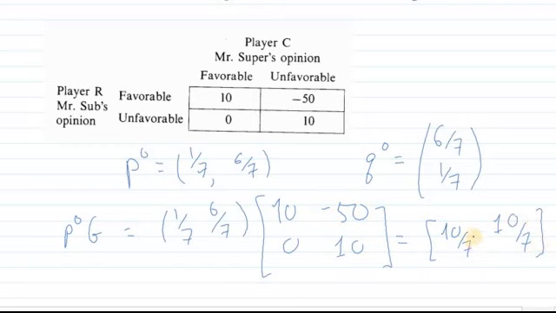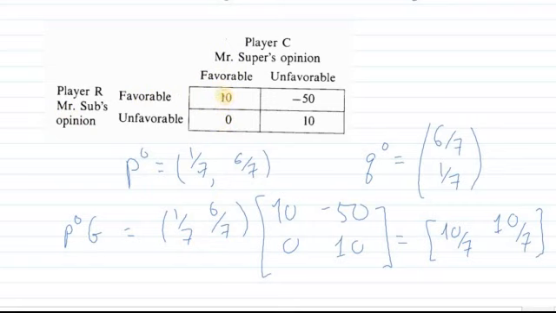Now what's the interpretation of this 10/7? Well, if player Mr. Sub uses this strategy and Mr. Super chooses favorable every time, then whenever Mr. Sub chooses favorable, he wins 10, and whenever he chooses unfavorable, he wins 0.